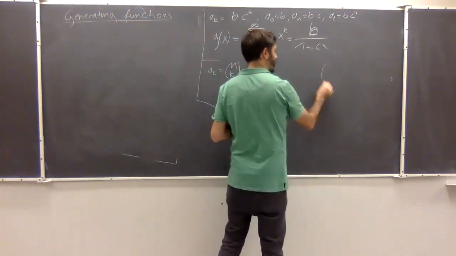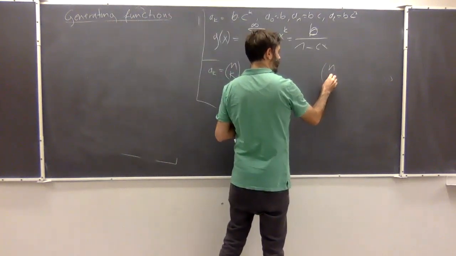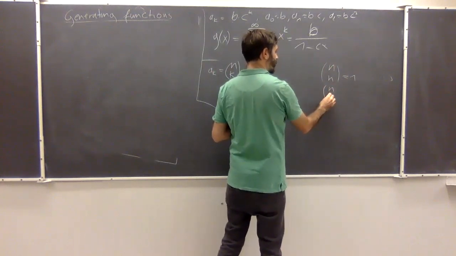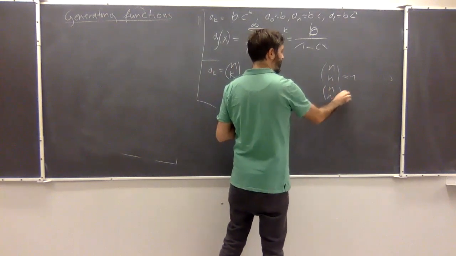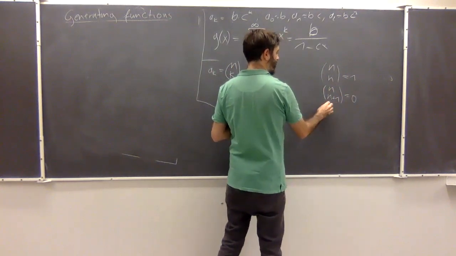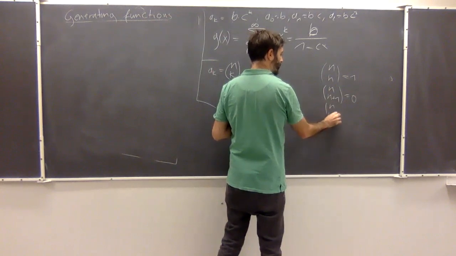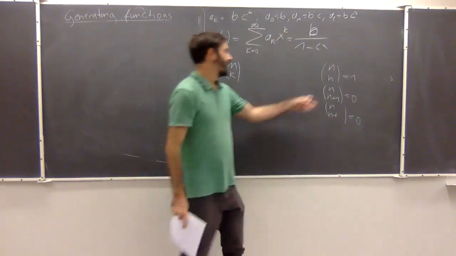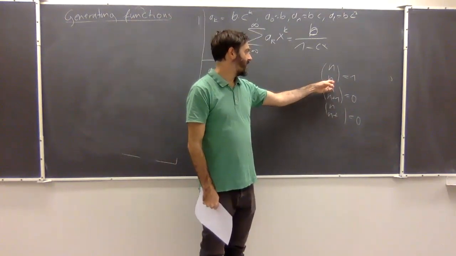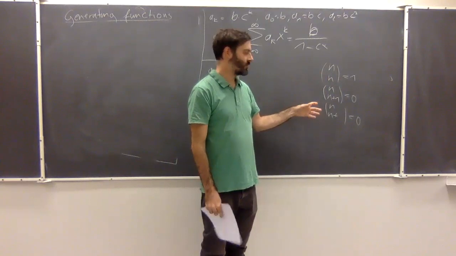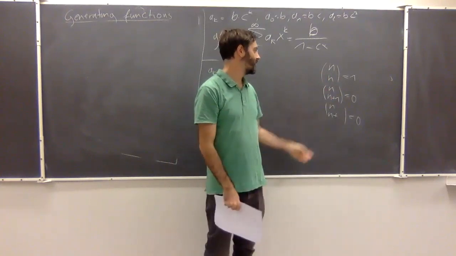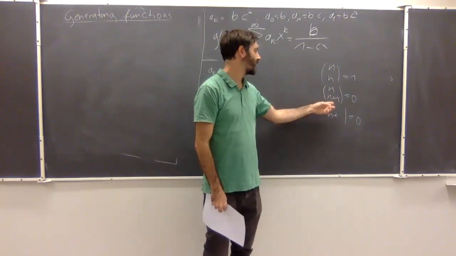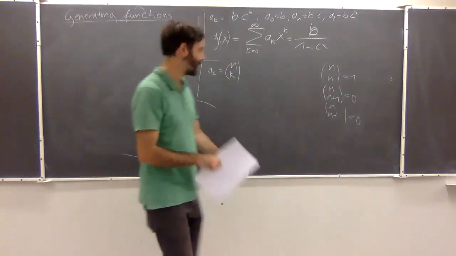Maybe you should remember that n choose n is equal to 1, and n choose n plus 1 is equal to 0, and then n choose n plus 2 is also equal to 0. How many ways are there to take n objects out of a pot with n objects? You have to take all of them. How many ways are there to get 5 pieces of chocolate if you only have 4? There is no way to get that.